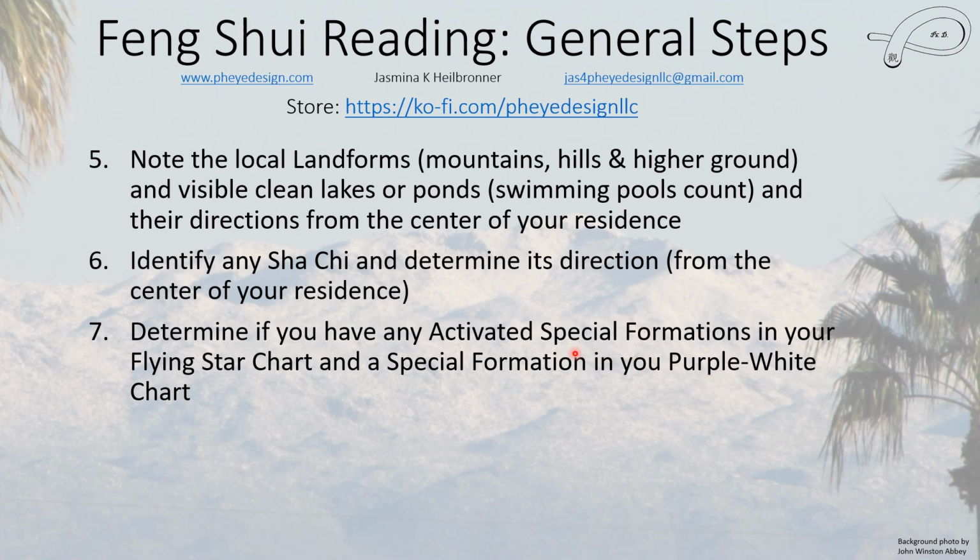There are 6 types of special formations in your flying star chart, but the activation usually relies on landforms. There is one special formation that makes all stars timely for all periods that does not require landforms to be in a specific location. It doesn't hurt to have them.